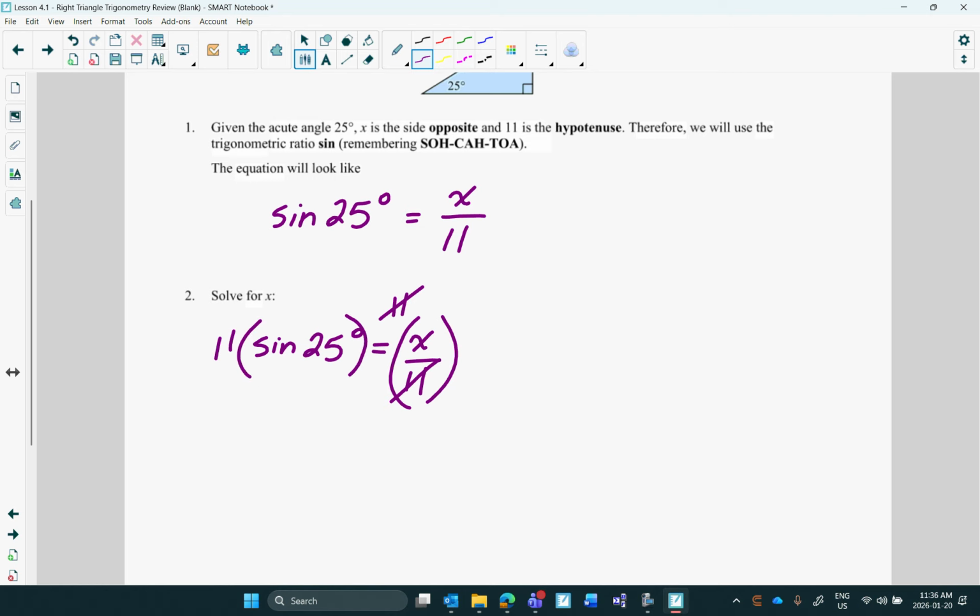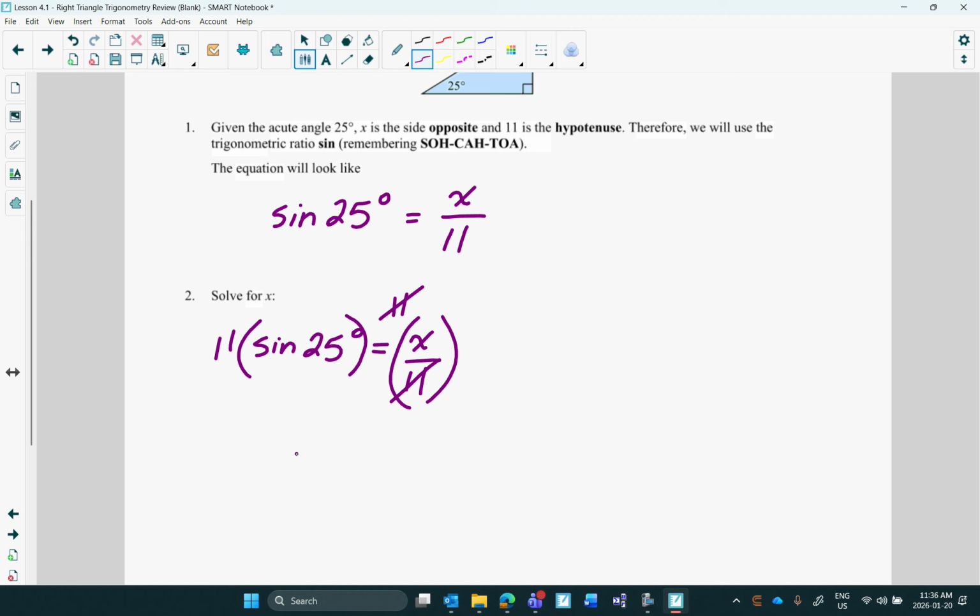Put the 11 in front of the trig, not after it, because if you put 11 after, you may confuse it with finding the sine of 2,511. So this is how we find x: 11 times sine 25.